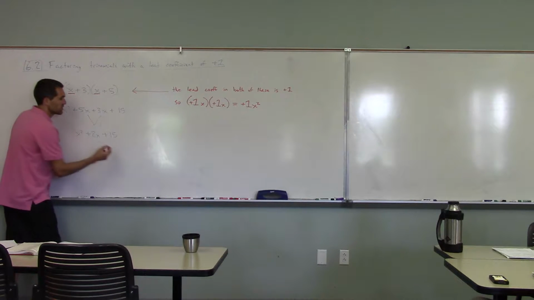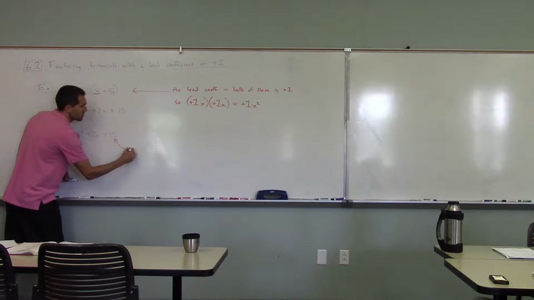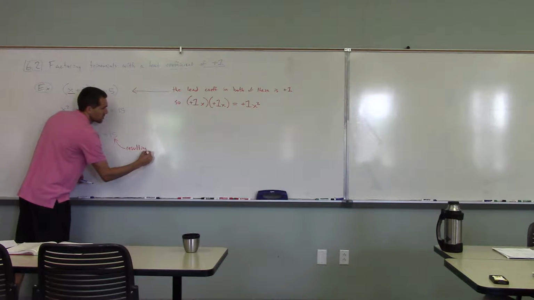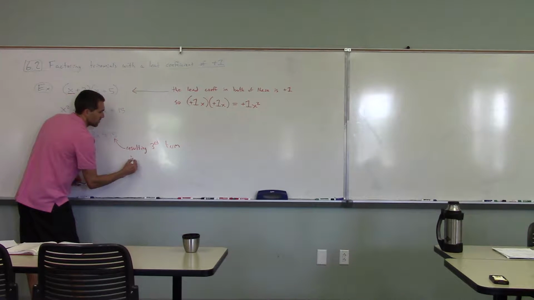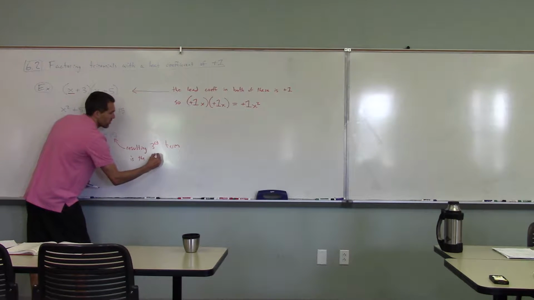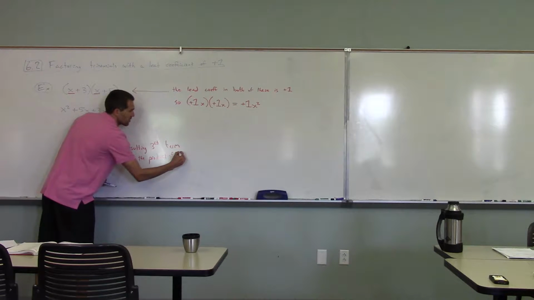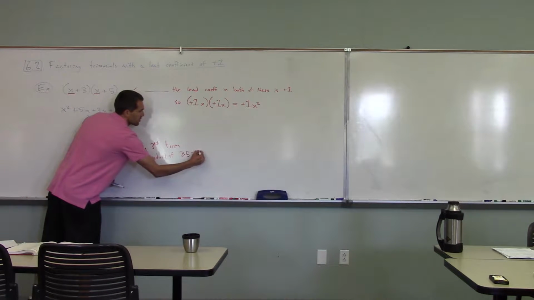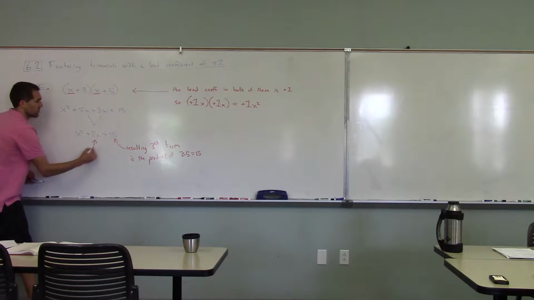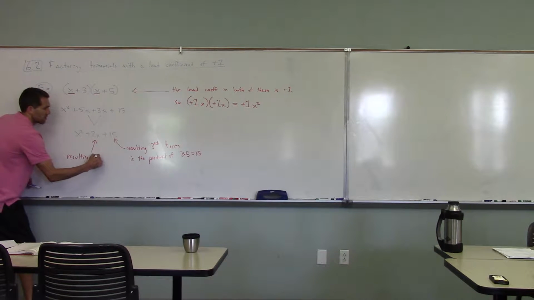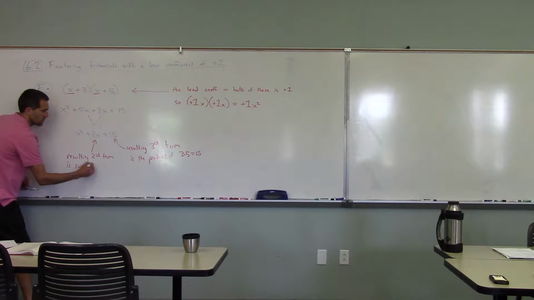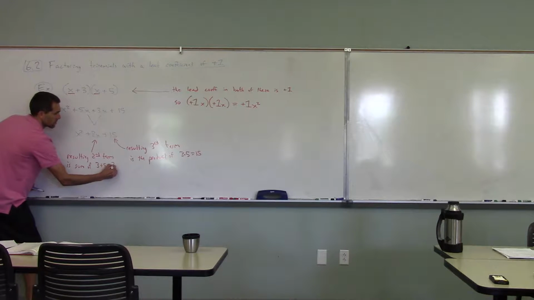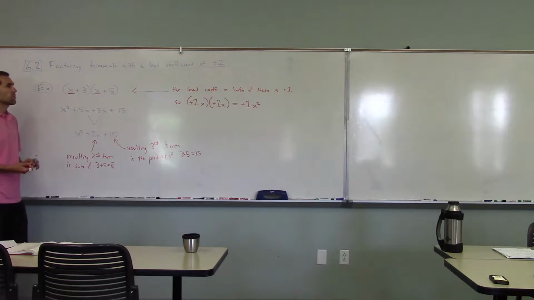And then we also notice that this resulting third term is the product of 3 and 5, and the resulting second term is the sum. That's how we're going to hunt for these numbers.